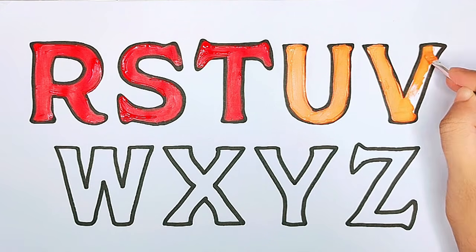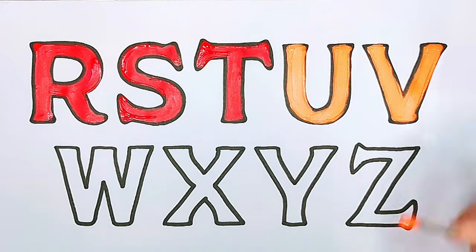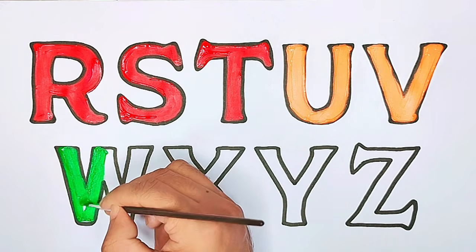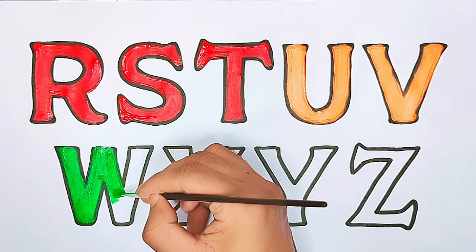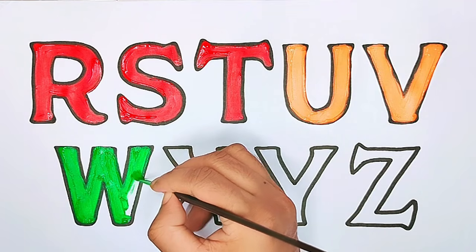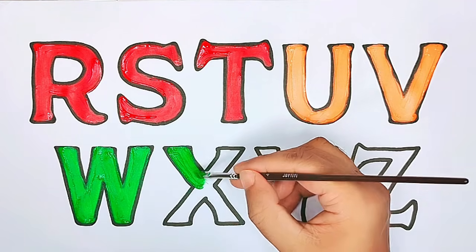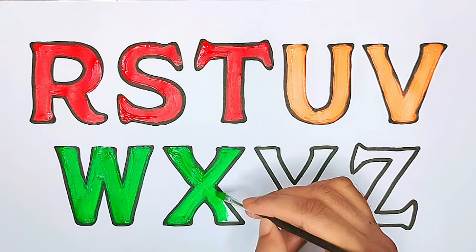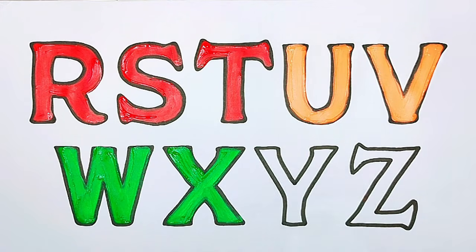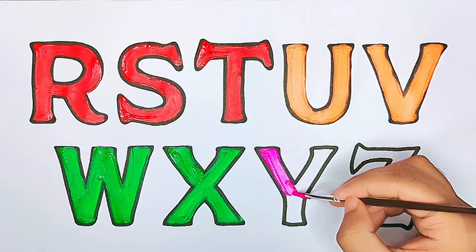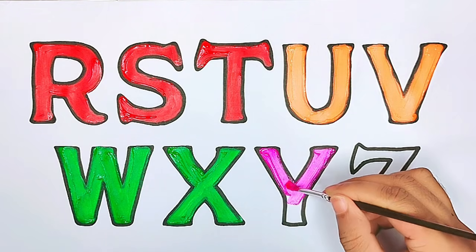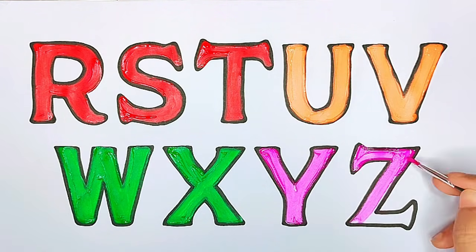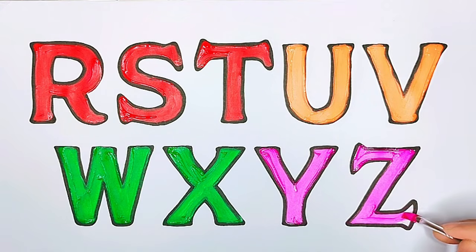V for violin. W for whale. X for Quebec. Y for yoga. Z for zeppelin.